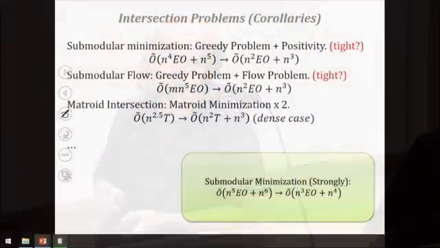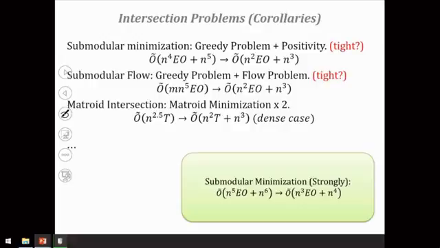And the interesting thing is, it turns out this gives the fastest algorithm for a lot of problems. For example, for submodular minimization, you just write down the LP and see this is the intersection. Then you get n squared oracle calls plus n cubed running time. The previous was n fourth oracle calls.